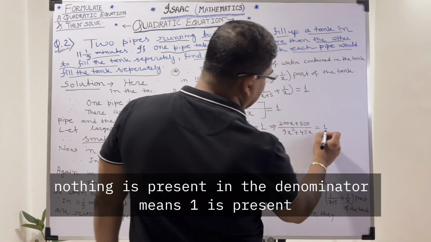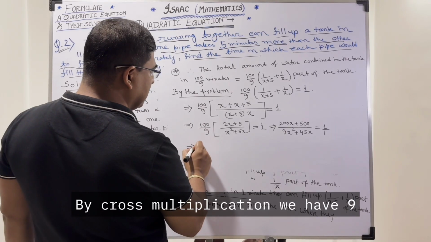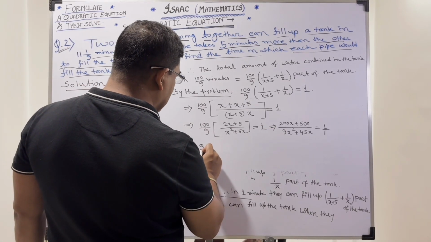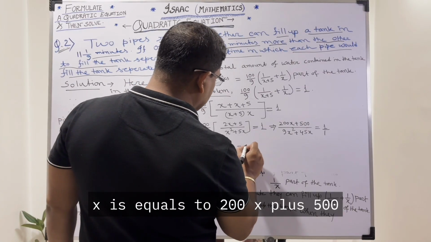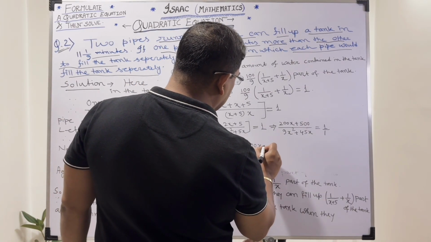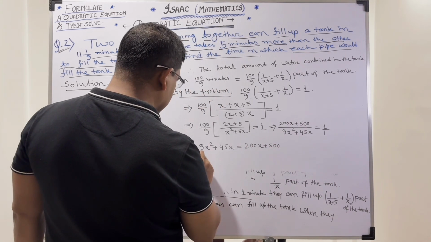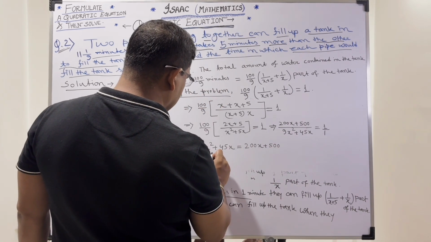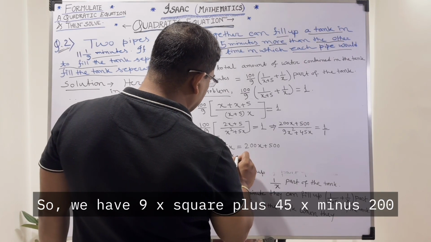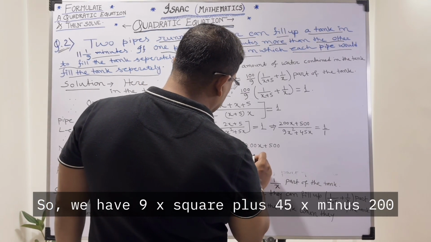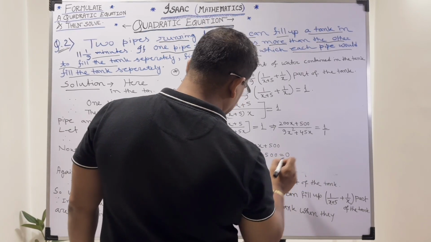Nothing is present in the denominator means 1 is present. By cross multiplication, we have 9x square plus 45x equals 200x plus 500. So we have 9x square plus 45x minus 200x minus 500 equals 0.